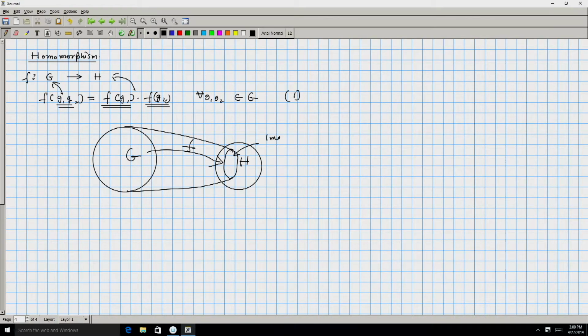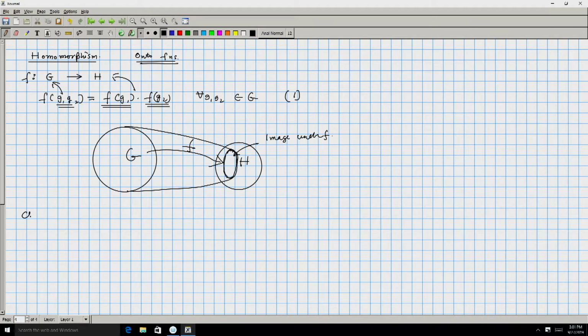So, if we call this the image under f, we will just study the effect of the homomorphism by restricting our attention to just the image. Or in other words, we can say that we are looking at homomorphisms which are onto functions. In other words, we will just study those homomorphisms where G is mapping to the full set H.